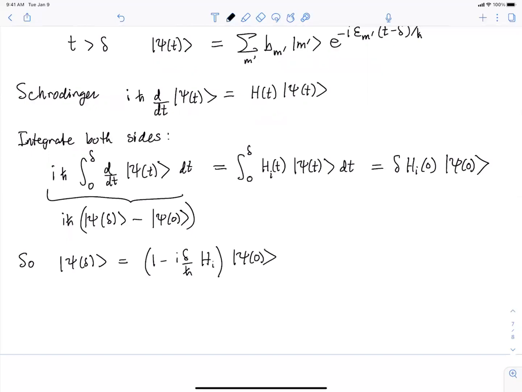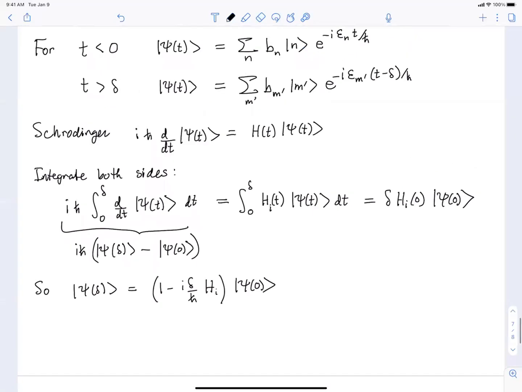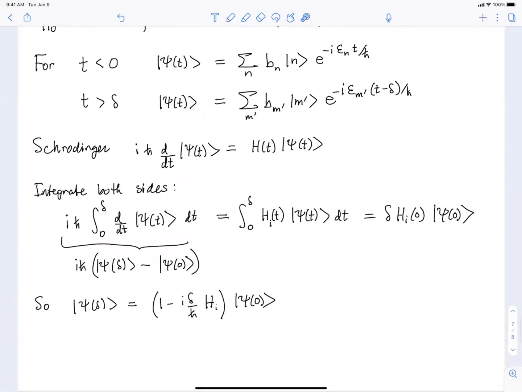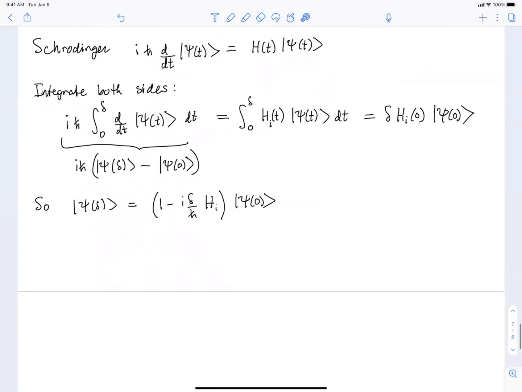Okay, so we've solved for that, and now we can go ahead and plug in this and this. On the left side, we get the sum over m prime of b m prime, m prime.